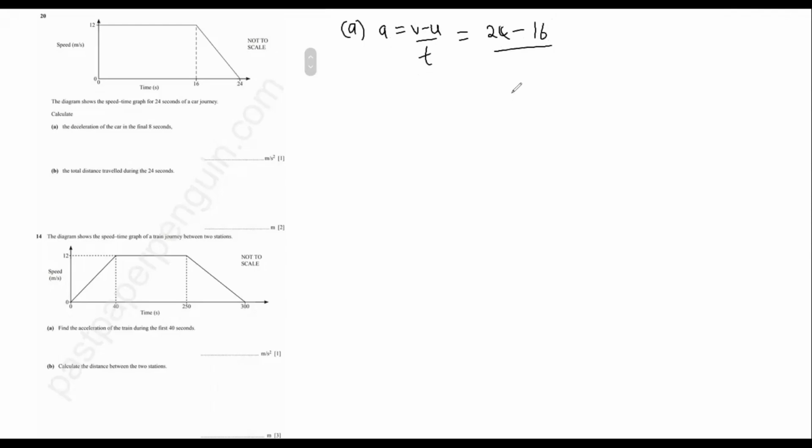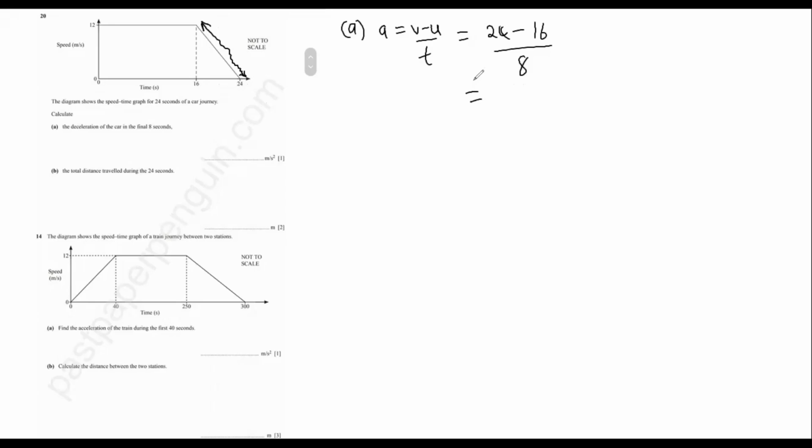What is the time taken? 8, right? No, we want the deceleration in the final 8 seconds. This is the acceleration that we want to find in this period, from 16 to 24 when the car was going to rest. So the final velocity is 24 minus the initial, it started on 16, divided by the time that it takes. From 16 to 24, there are 8 seconds.